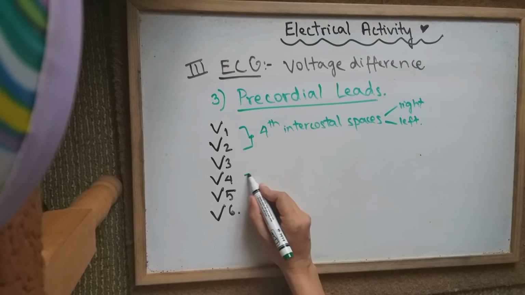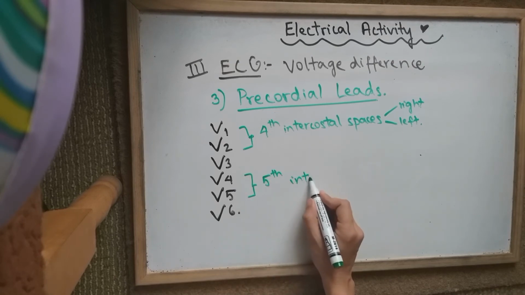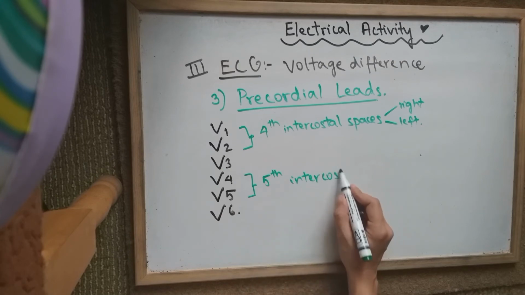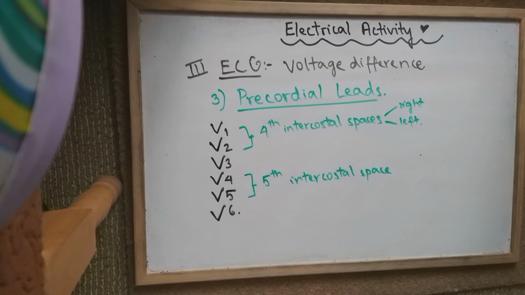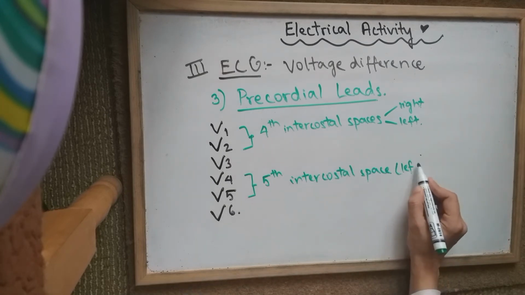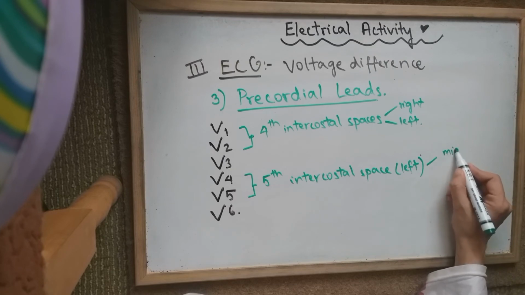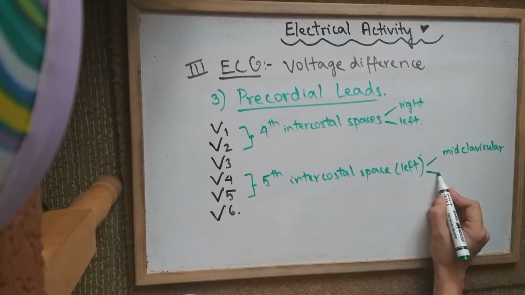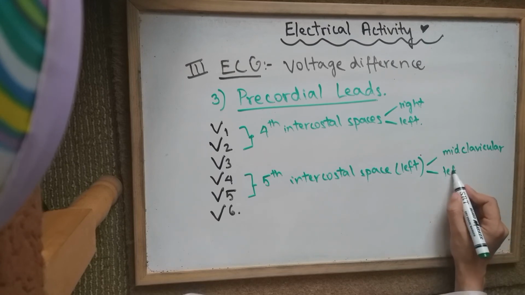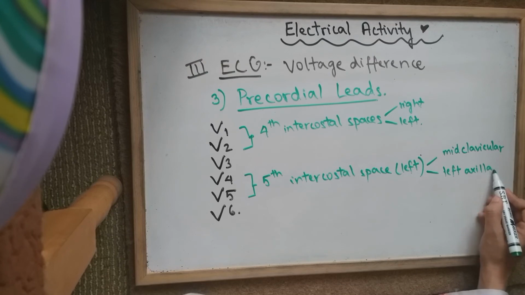We'll come to V3 later. So V4 and V5 are in the 5th intercostal space, both on the left side though. The difference is that V4 is in the mid clavicular line and V5 would be next to the left anterior axillary line.